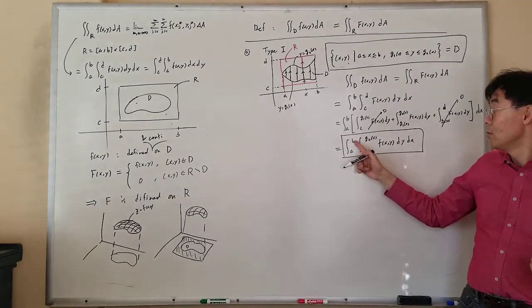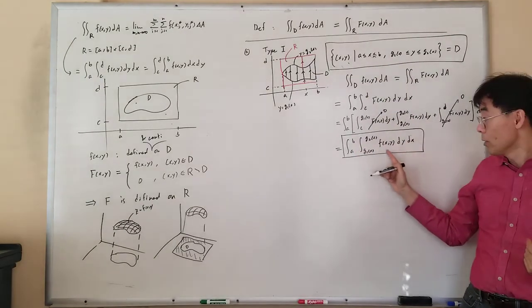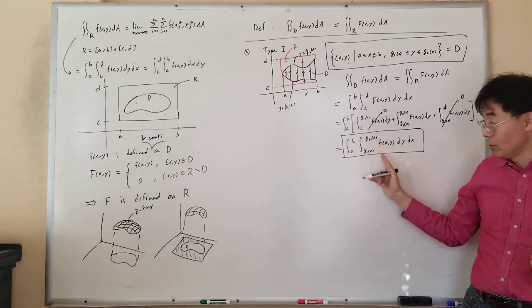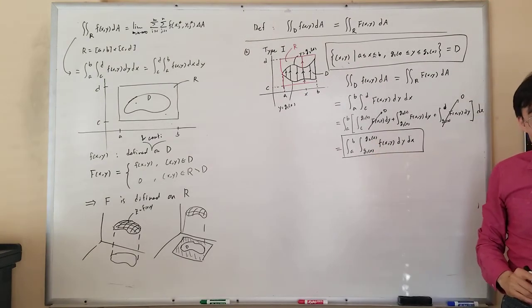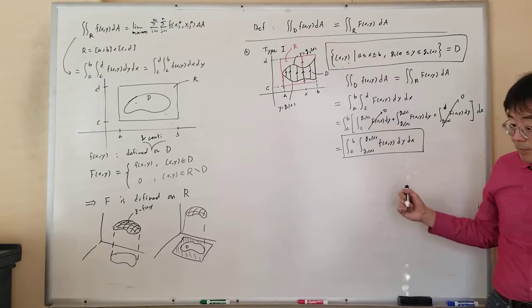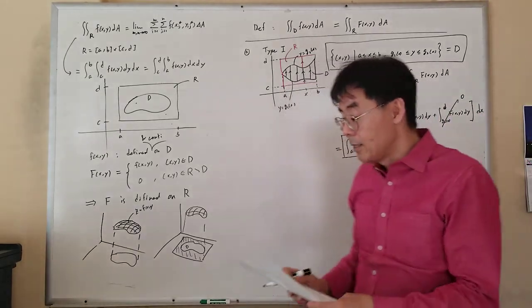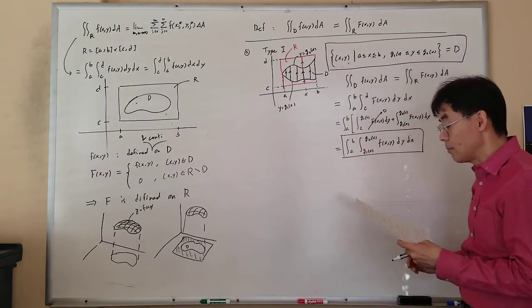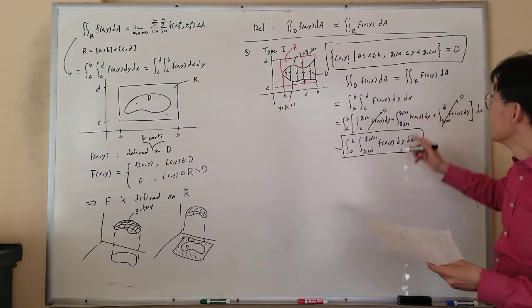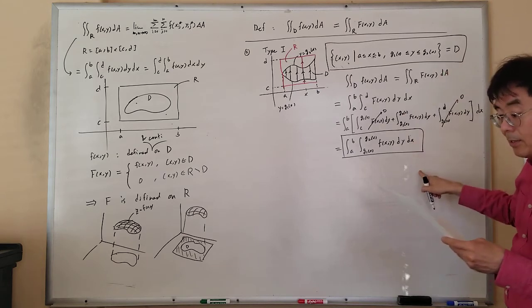X runs from A to B. For given x, y runs from g1 of x to g2 of x. We integrated that. So that is the result of the theorem, at the top of the second page. If your domain is type 1 like this.